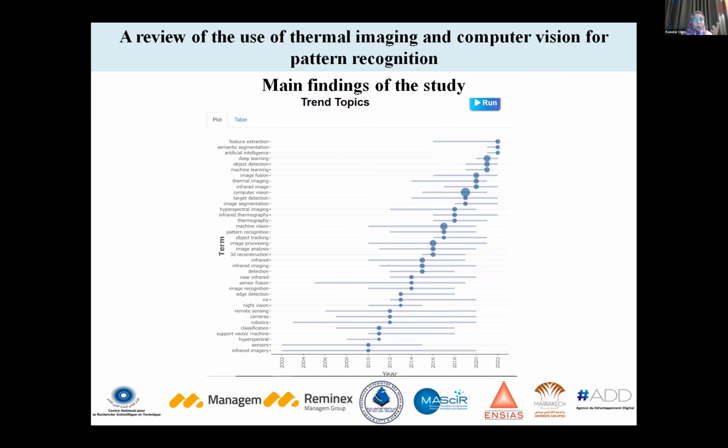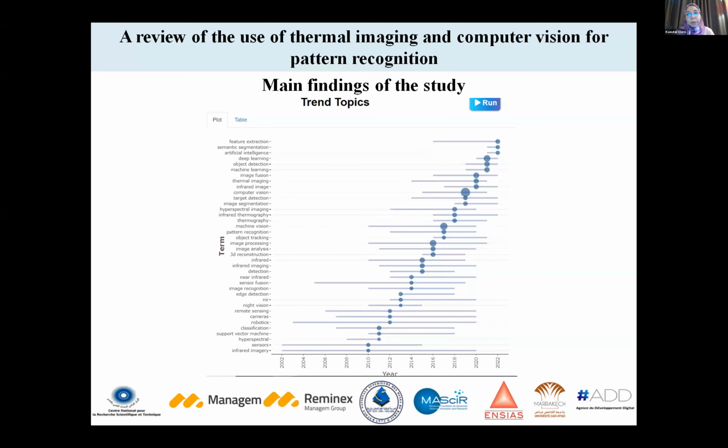So we can see on the graph that even if the first article we found started in 1986, the trend topic graph starts approximately in 2010. This can be explained by the fact that the topics in the articles published before are diverse, so they are not recurrent, and thus presenting a frequency less than the minimum required cannot be seen on this representation.